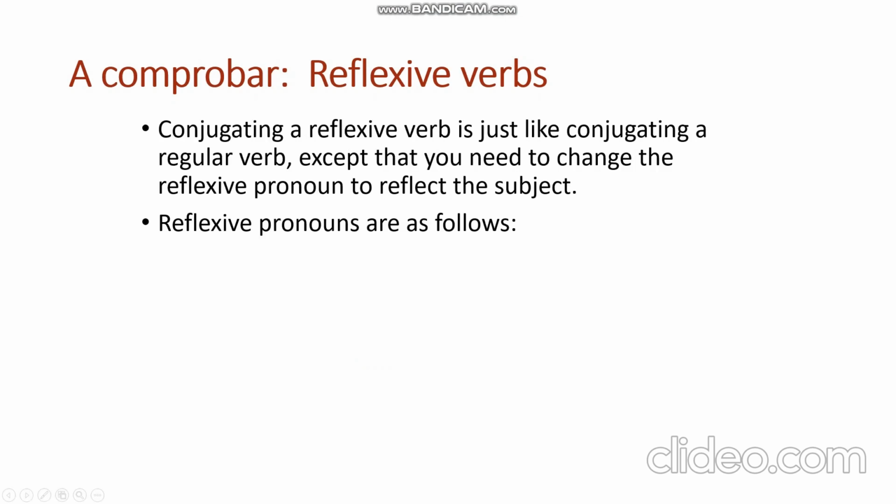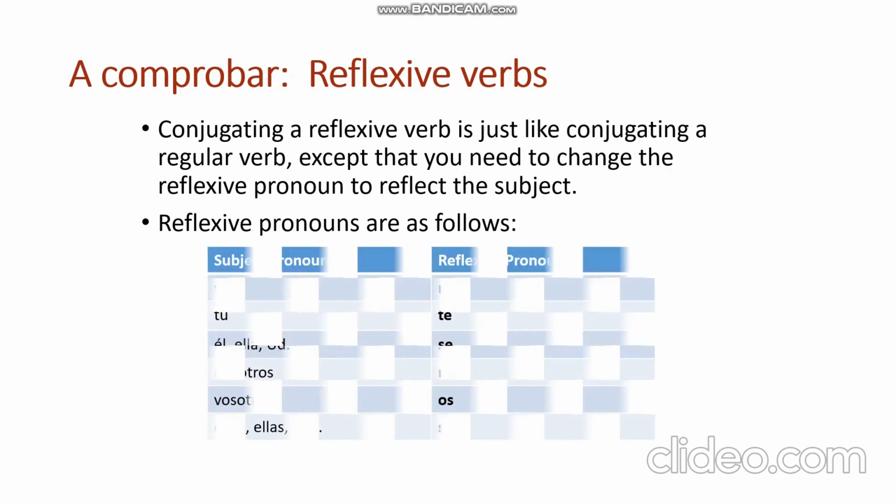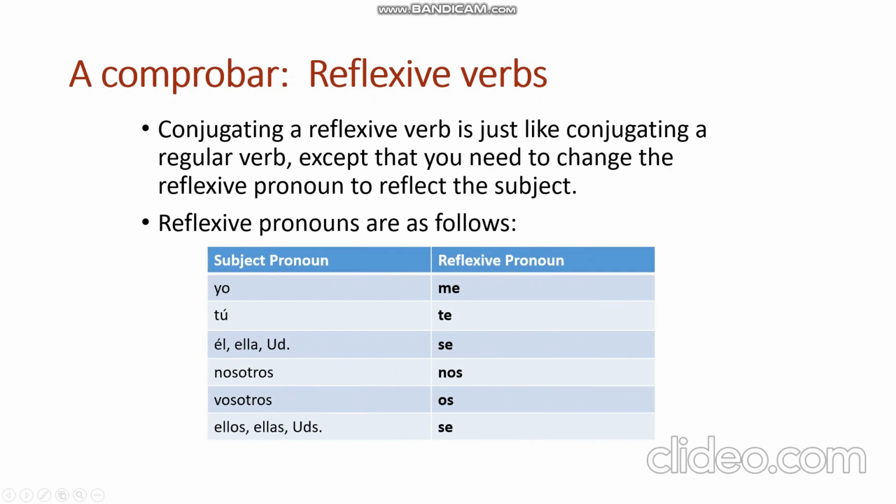Conjugating a reflexive verb is no different than conjugating any other verb, but you're going to include the reflexive pronoun in agreement with the subject of the verb. These are our reflexive pronouns: me, te, se, nos, se. And by the way, vosotros will not be focused on in this course, and you won't see it in the homework or in the testing, so I tend not to talk about it in class.